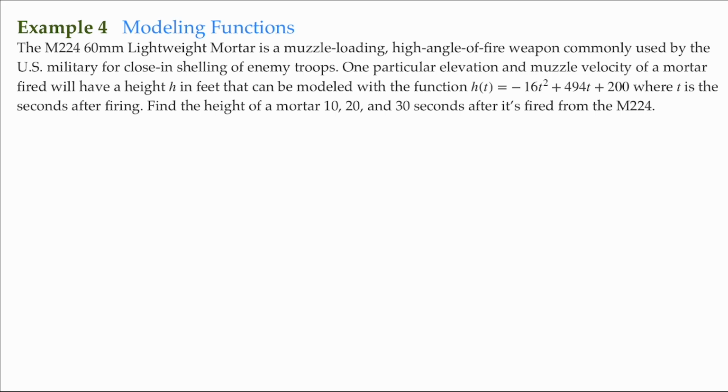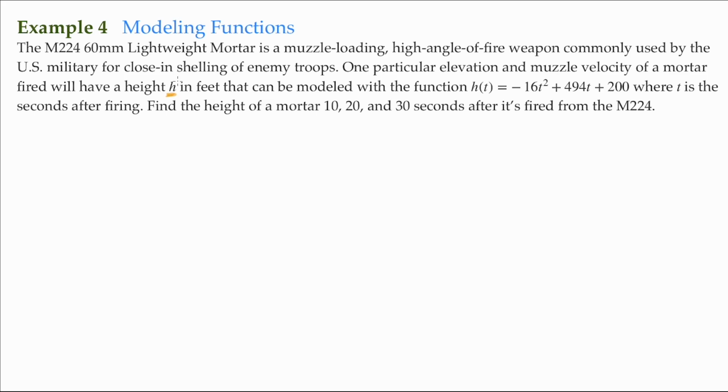It says the M224 60 millimeter lightweight mortar is a muzzle-loading, high angle of fire weapon commonly used by the U.S. military for close-in shelling of enemy troops. One particular elevation and muzzle velocity of a mortar fired will have a height, h, and we have height, so we're using h rather than x or y.